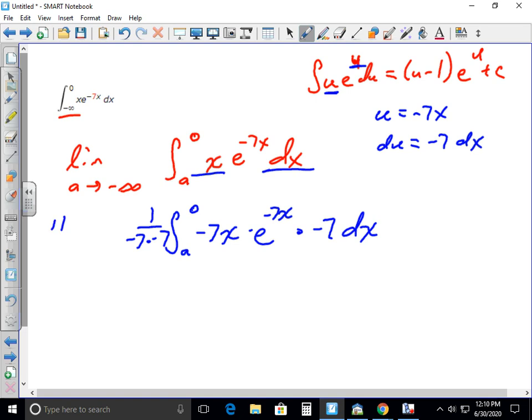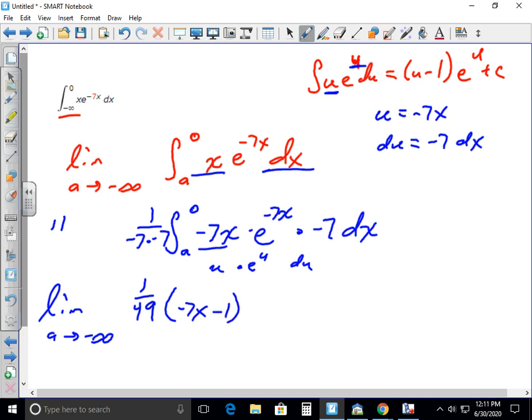And don't forget, we're taking the limit of that. So we end up with the limit as a goes to negative infinity of 1 over 49, and this is just u e to the u du, and we said that integrates into u minus 1 times e to the u. Instead of plus c, this is a definite integral, so we're evaluating that from a to 0.